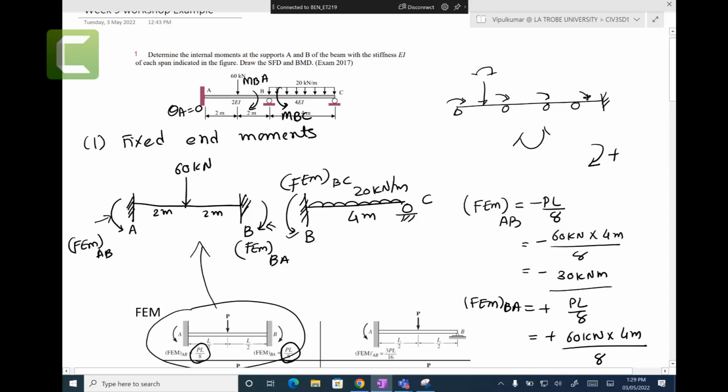So static indeterminacy in the force method, kinematic indeterminacy in the displacement method, and here kinematic indeterminacy at point B. The number of kinematic indeterminacies tells us the number of equilibrium equations. What is the static indeterminacy in here?